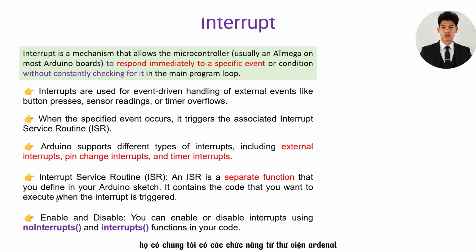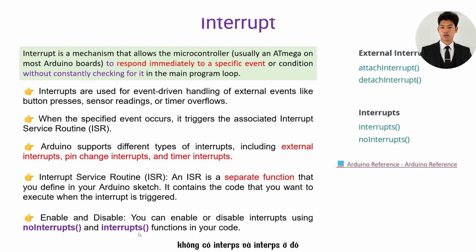To enable or disable interrupts, we have functions from the Arduino library. There are in total four functions for Arduino interrupts. Two are for external interrupts: attachInterrupt and detachInterrupt.